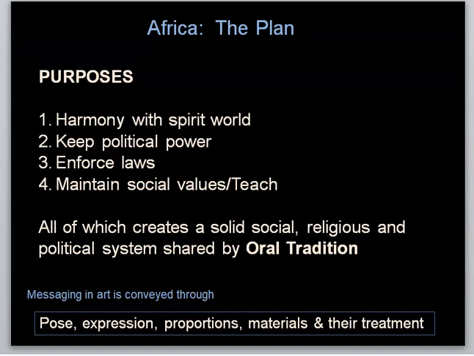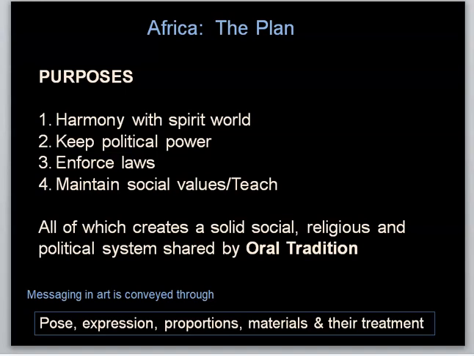Okay. As we look at artworks, we're going to be looking again at some visual universals, and these will include pose, expression, proportions, the materials, and the way that they are treated. We're going to look first, in fact, at pose and the way in which the pose is used. I'm going to call it messaging in art to convey an idea.